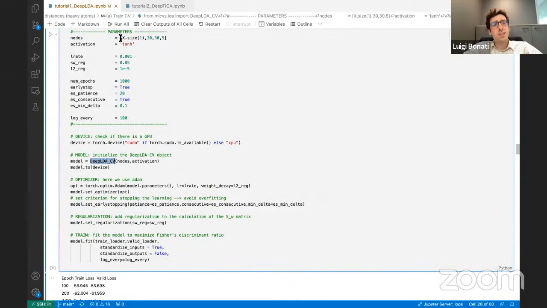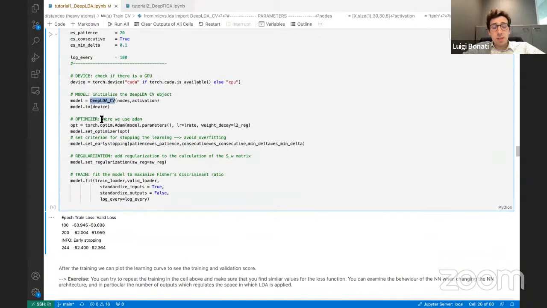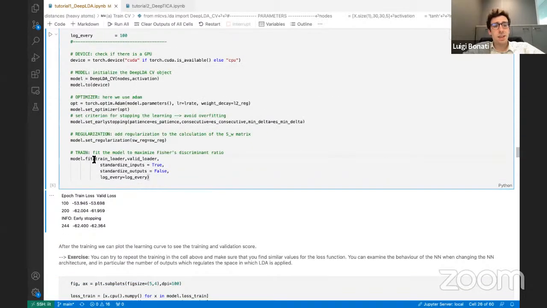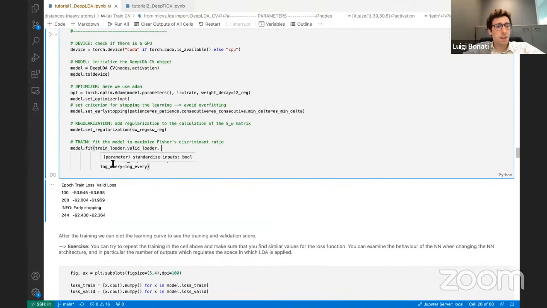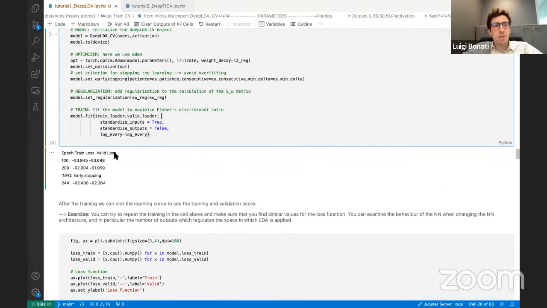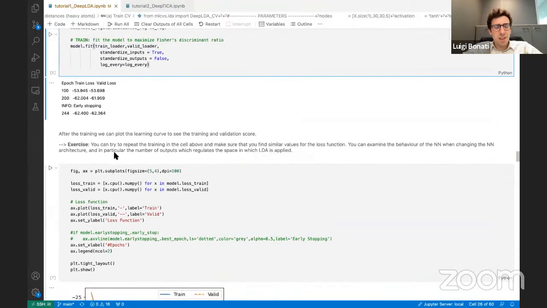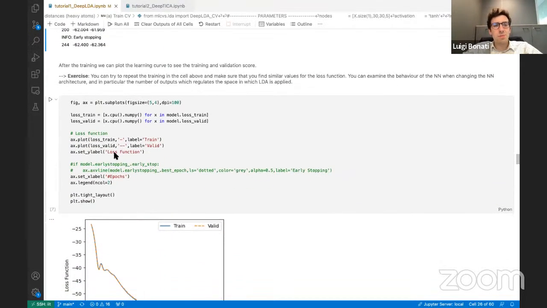What's implemented here is just a fully connected neural network with 2 hidden layers. Then we define the optimizer and the regularization, and finally we fit, passing the train loader, the validation loader, and a few more options. Here I wanted to put all the possible details, but as you can see in the couple of cells above, a very minimal example is actually way more simple.